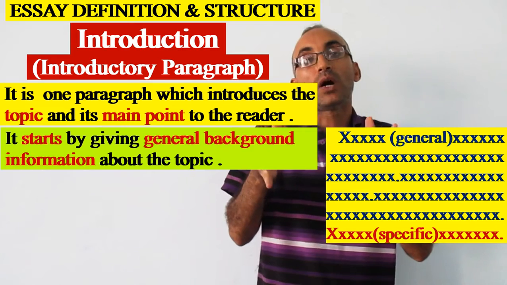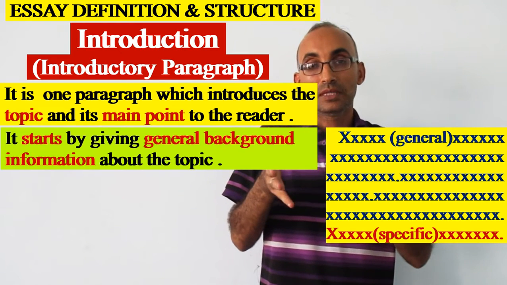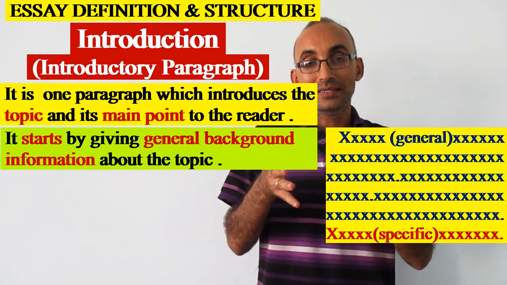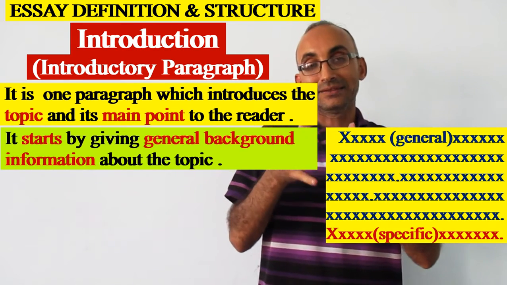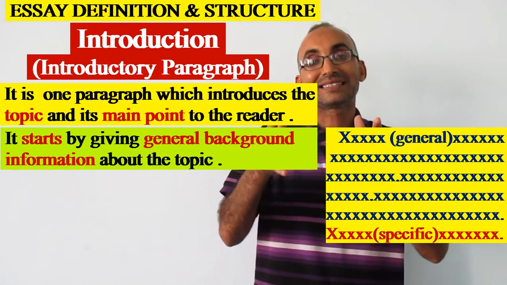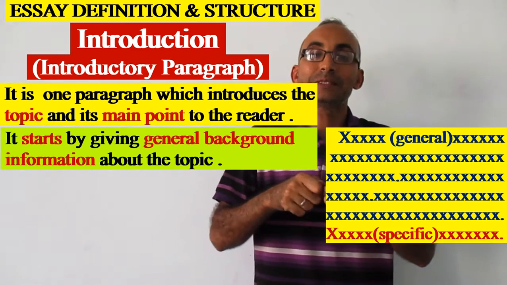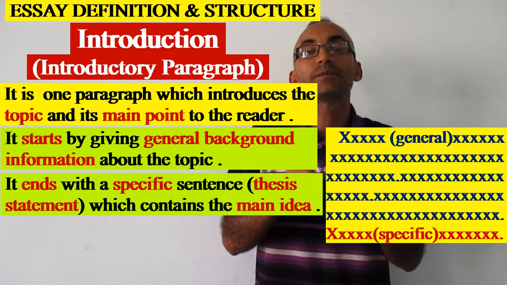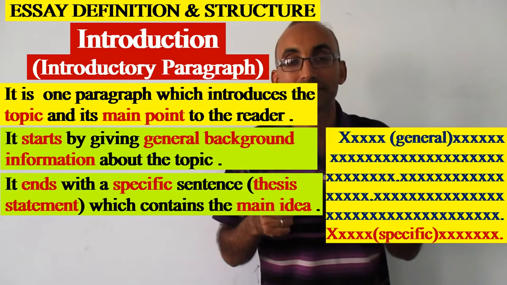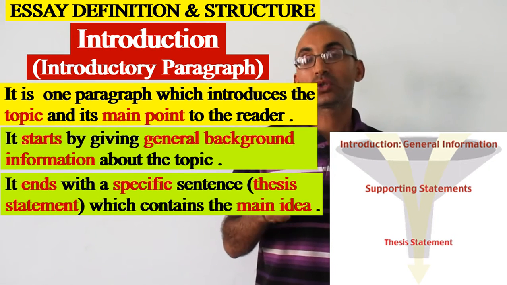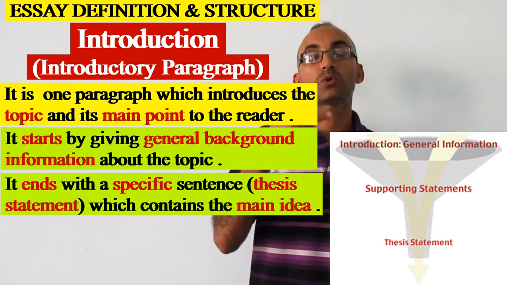Then you narrow down the scope of your introduction at the end of it, in the last sentence, and you write a very specific sentence which is called the thesis statement. Clear? So I repeat, the introduction contains two main steps or two main parts.